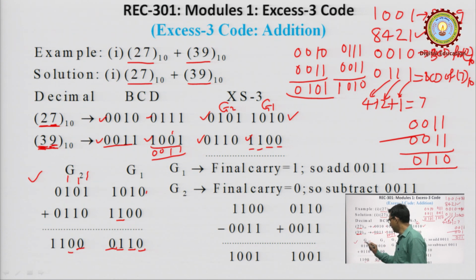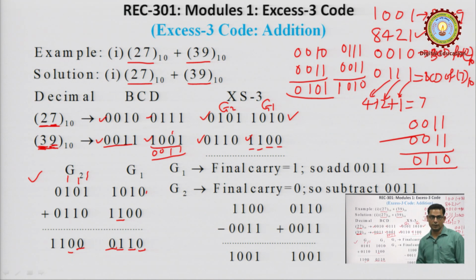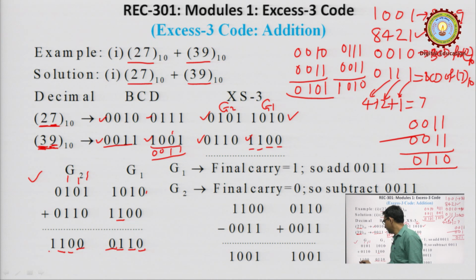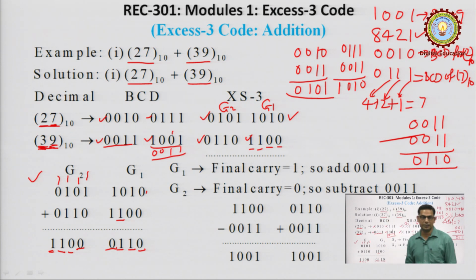This carry will go here, 1 plus 1 gives sum 0 and carry 1, and then 1 plus 1 plus 1 gives sum 1 and carry 1. This carry will be copied directly, because the remaining digits in this column are 0 0. So, 1 plus 0 plus 0 is equal to 1.